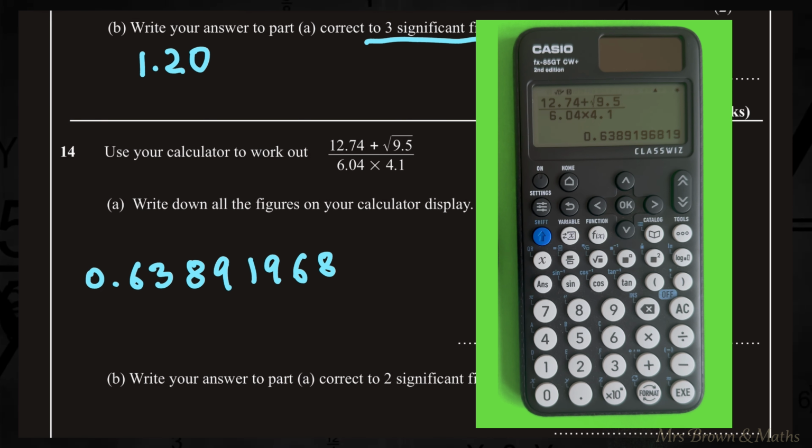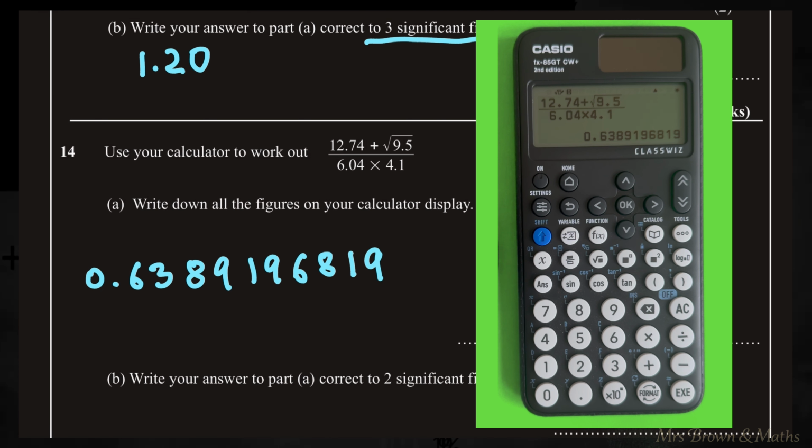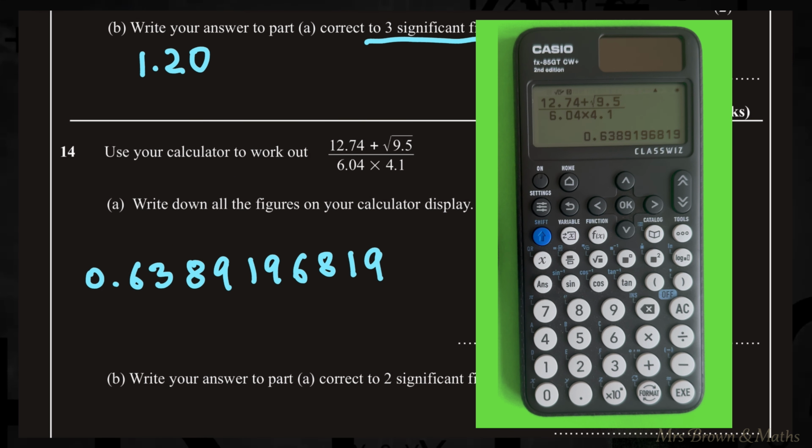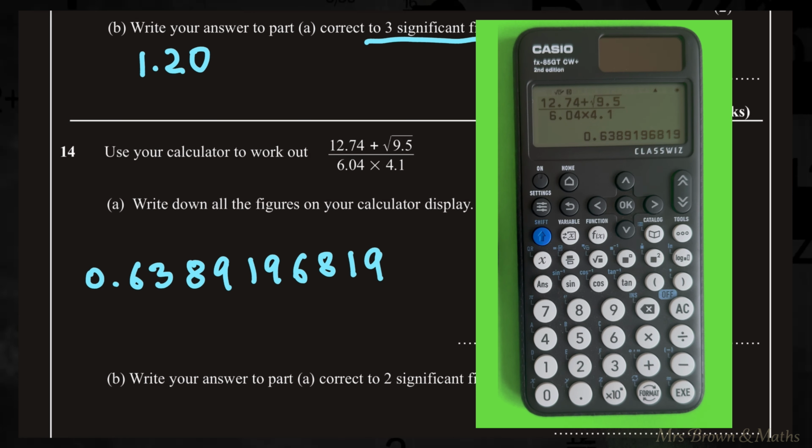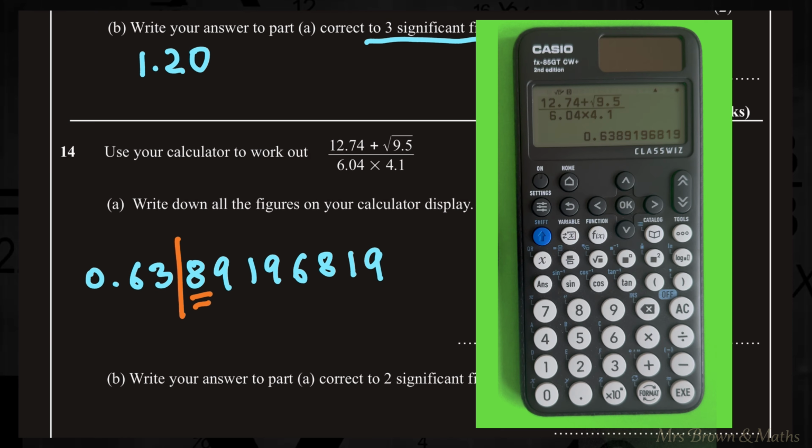So task B, two significant figures. So it is 0.63. Write 0 we don't take into account. Look at the following digit. It is 8, so I have to round up. So the final answer will be 0.64. Right, that's it.